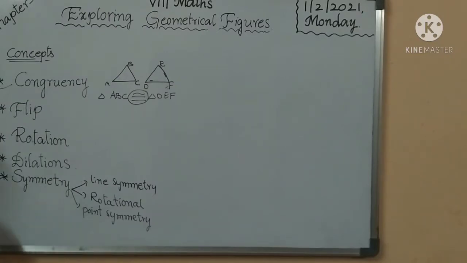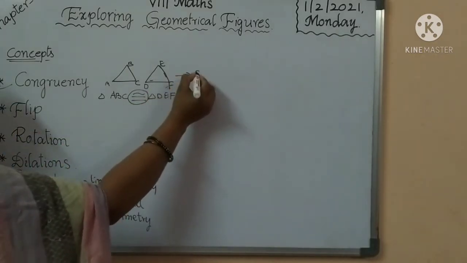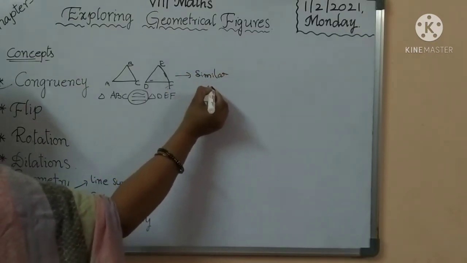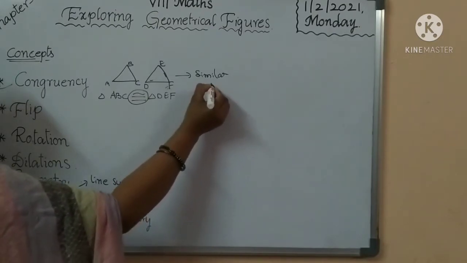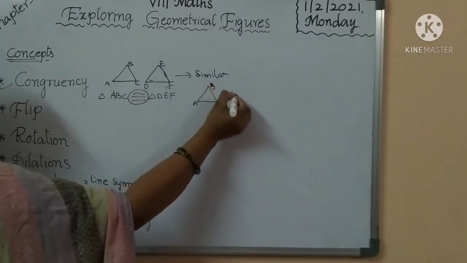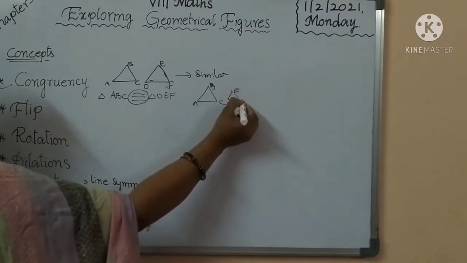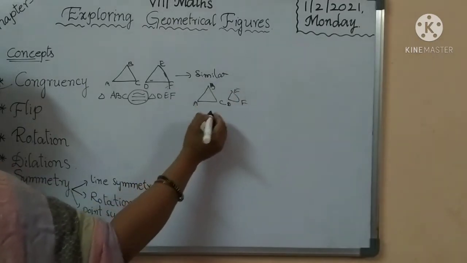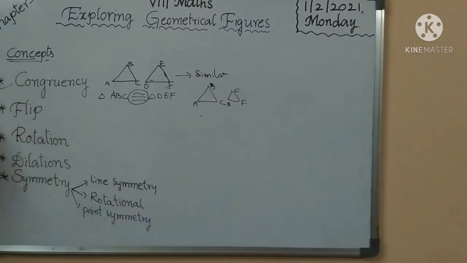Already we learned similar figures in the previous classes. What is the meaning of similar? Similar means the shape is the same and the size is different. Here we have triangle ABC and triangle DEF.